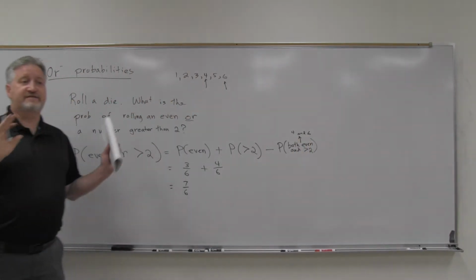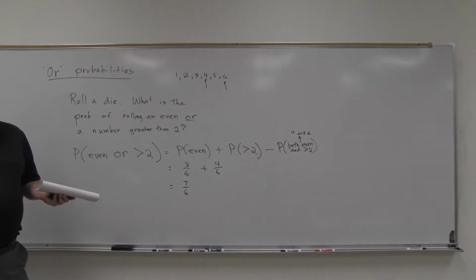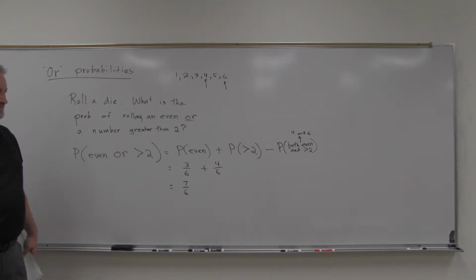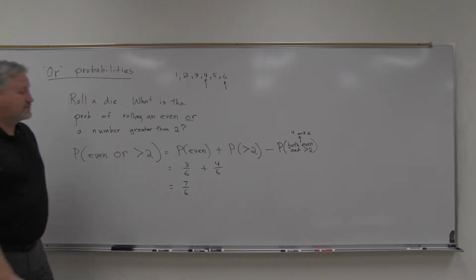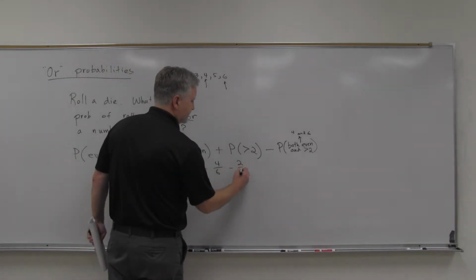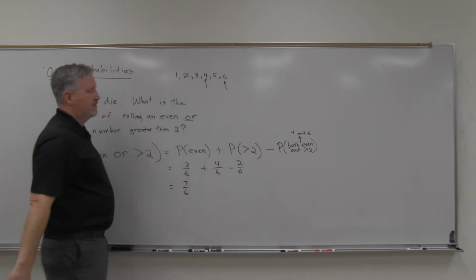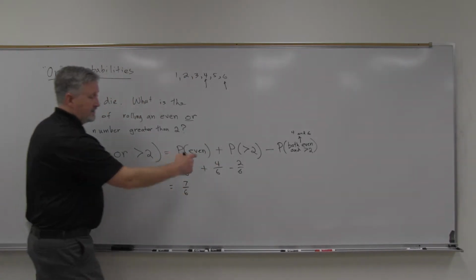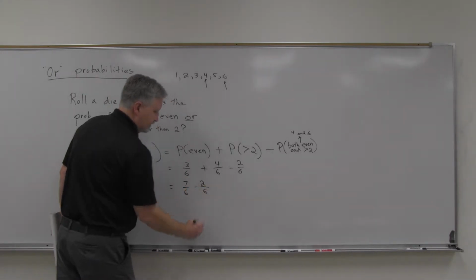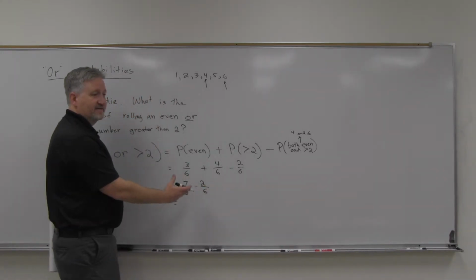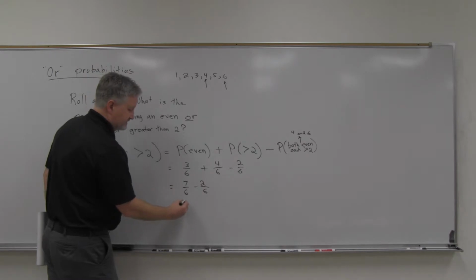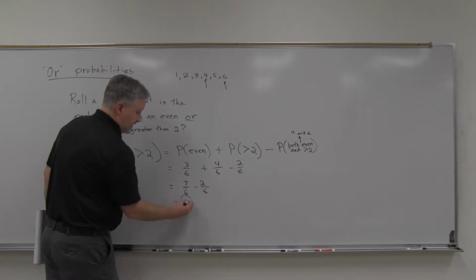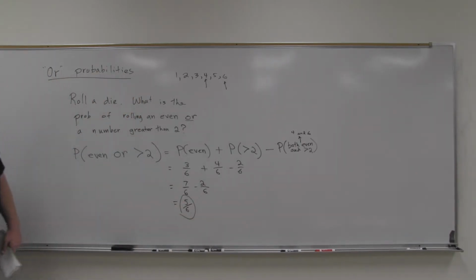So that's 2 out of 6. 2 of them out of the 6 are both even and greater than 2 at the same time. So if I subtract that off, that works out, doesn't it? Because that's now 5 out of 6, and that is the correct answer here.